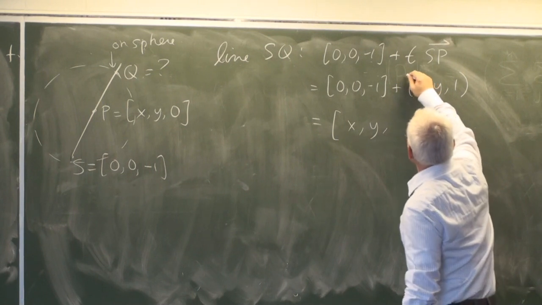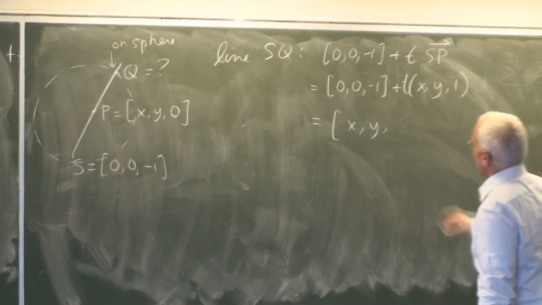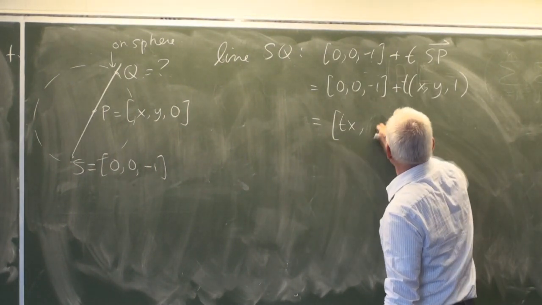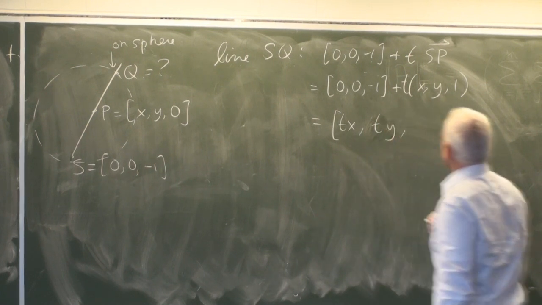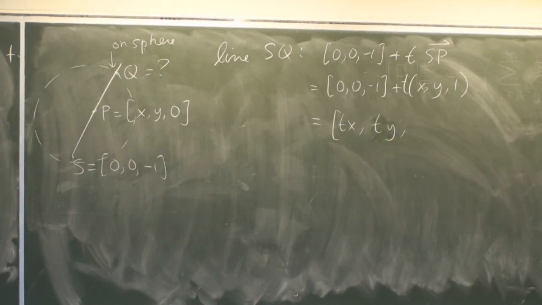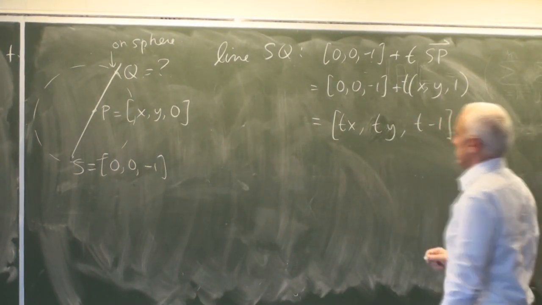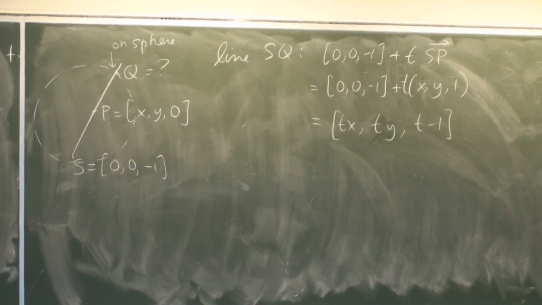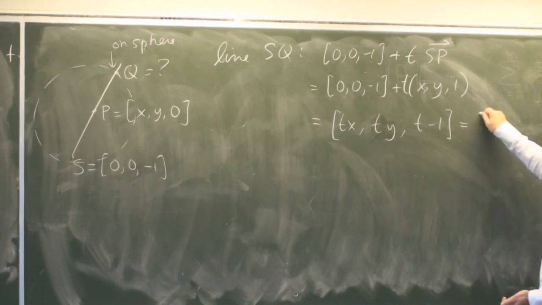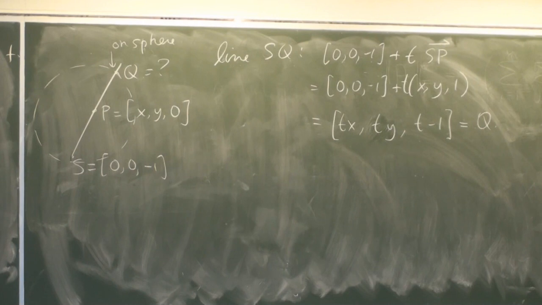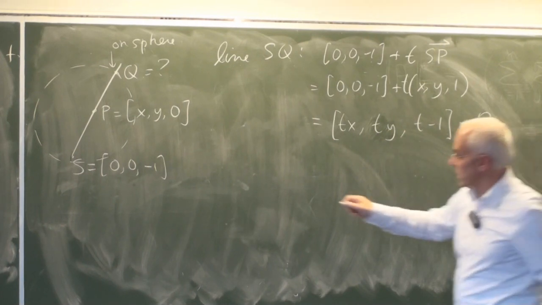t still needs to be there. There's t, so we again have tx, ty, and the third coordinate, t times 1 minus 1, so t minus 1. That's going to be our point Q. But we have to choose t so that Q is actually on the sphere.